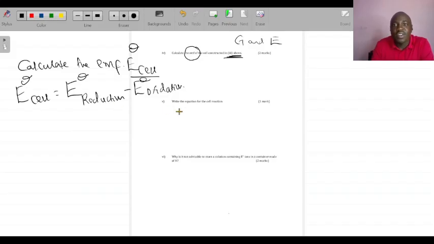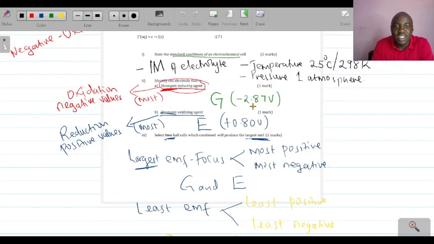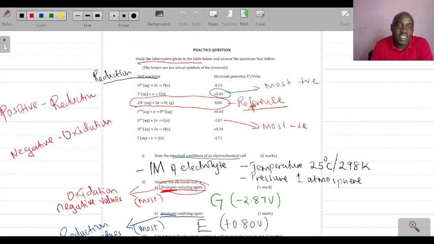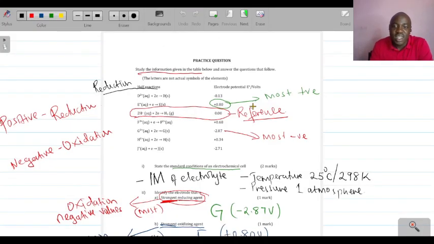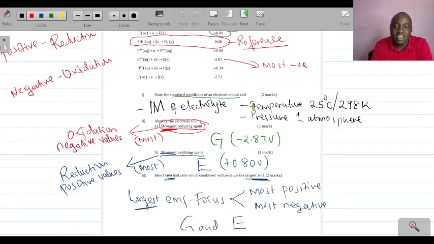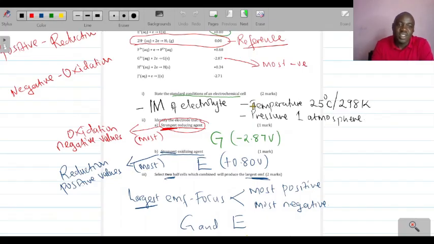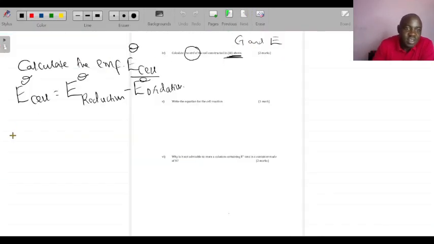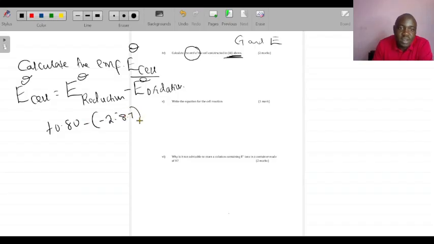If you go back to what we had covered, we saw in our case which one undergoes reduction, which one undergoes oxidation. We saw that G undergoes oxidation, then our E undergoes reduction. We're going to work it out. So reduction, we shall have plus 0.80 minus negative 2.87.